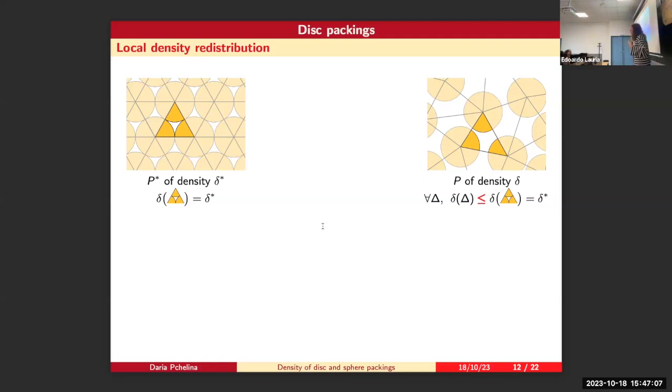It can be proved by a few lines of calculations, but we don't have time right now. You should believe me. It's true. And actually, it's the end of our proof, because we take any packing, and we know that for each triangle of this packing, its density is never greater than delta star. That means that the whole packing can never be denser than delta star.